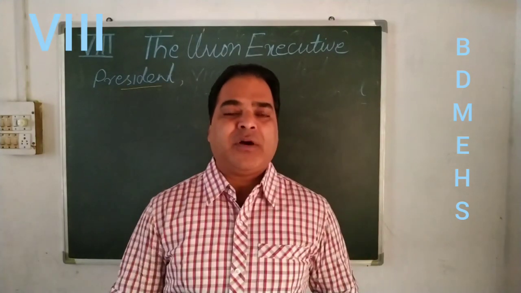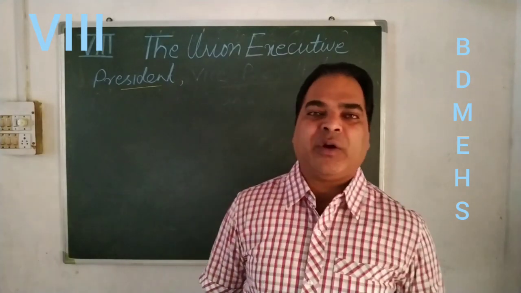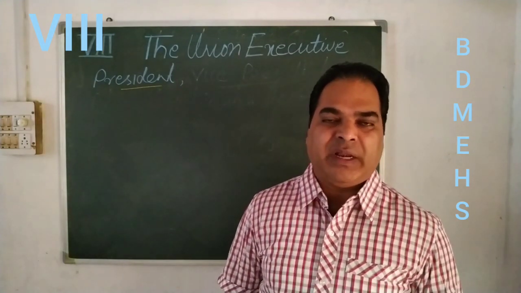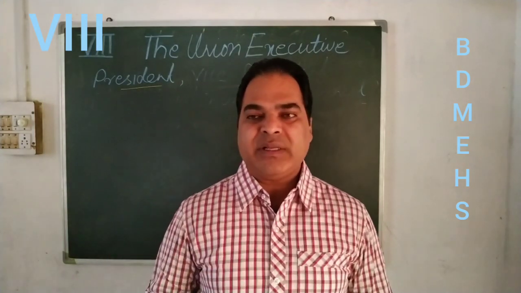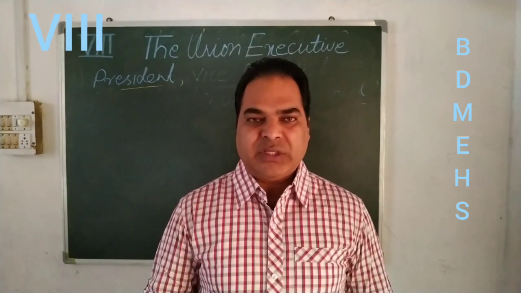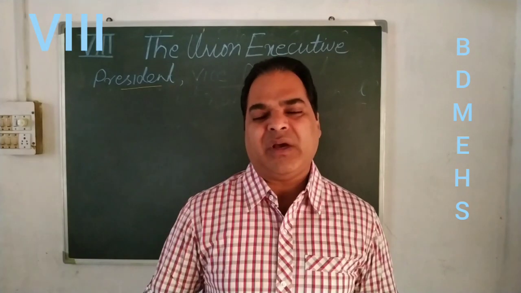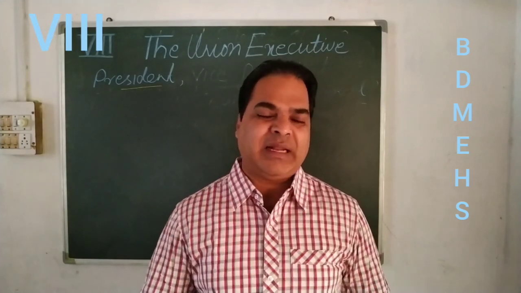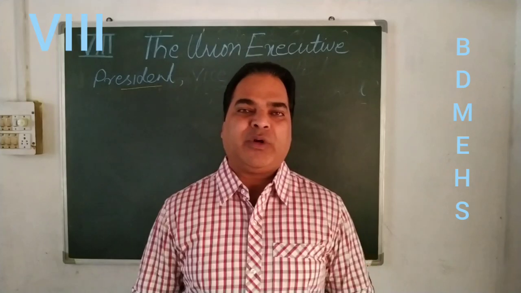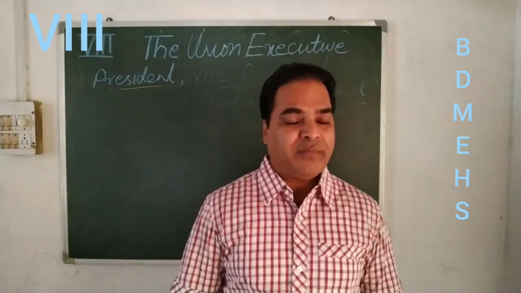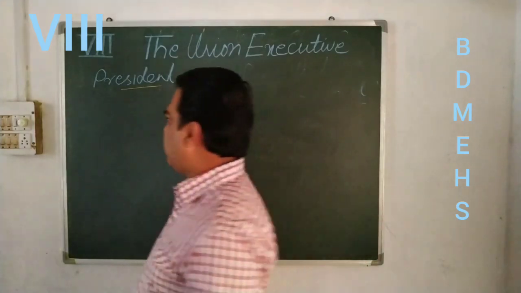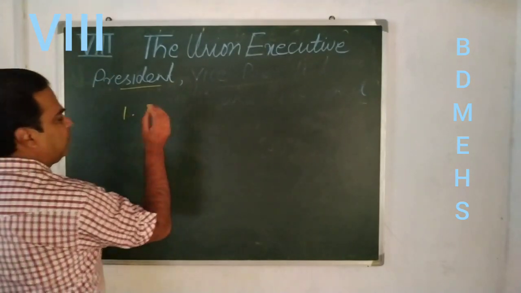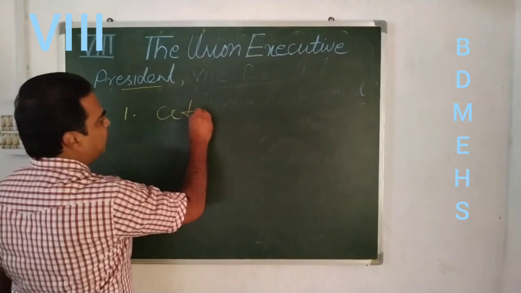Now, the qualifications required to become the President of India. In the previous class, when we discussed the Lok Sabha and Rajya Sabha, we discussed the qualifications. In that, only one change you can make, and that gives the qualifications required to become the President. The first one, you all know it: must be a citizen of India.